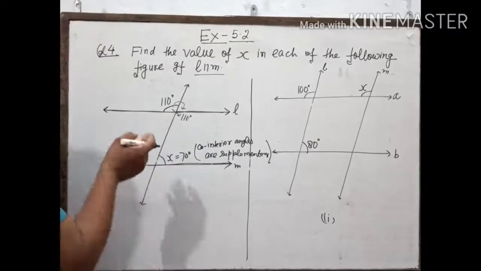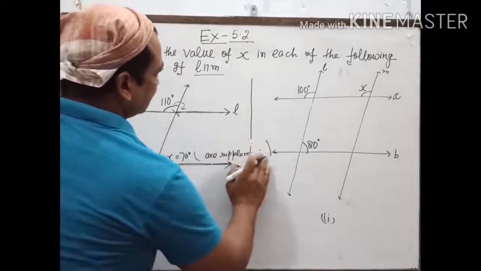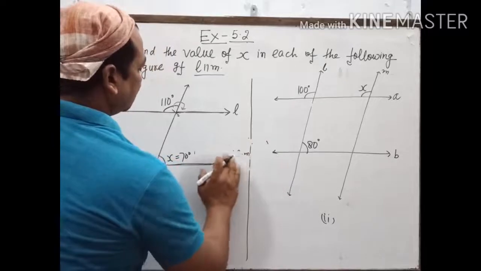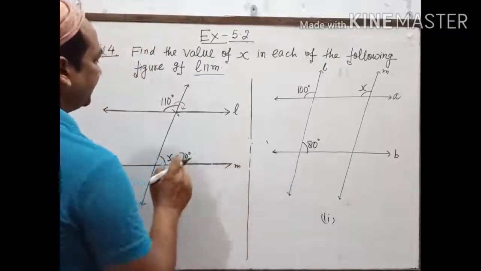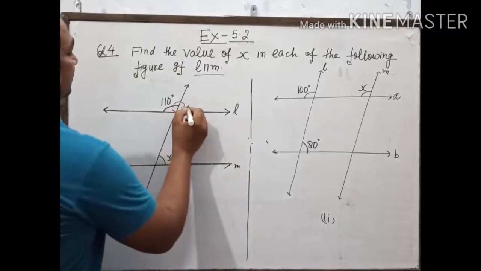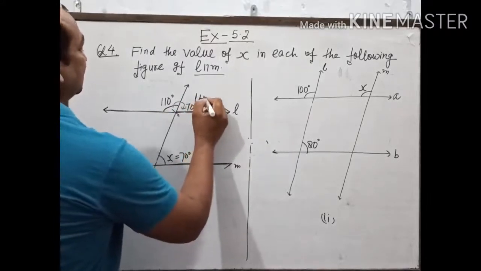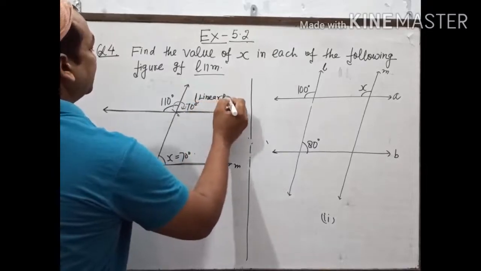The other way to solve this question, the second way, is using the corresponding angles concept. Then this angle will be 70 degrees by the linear pair property.